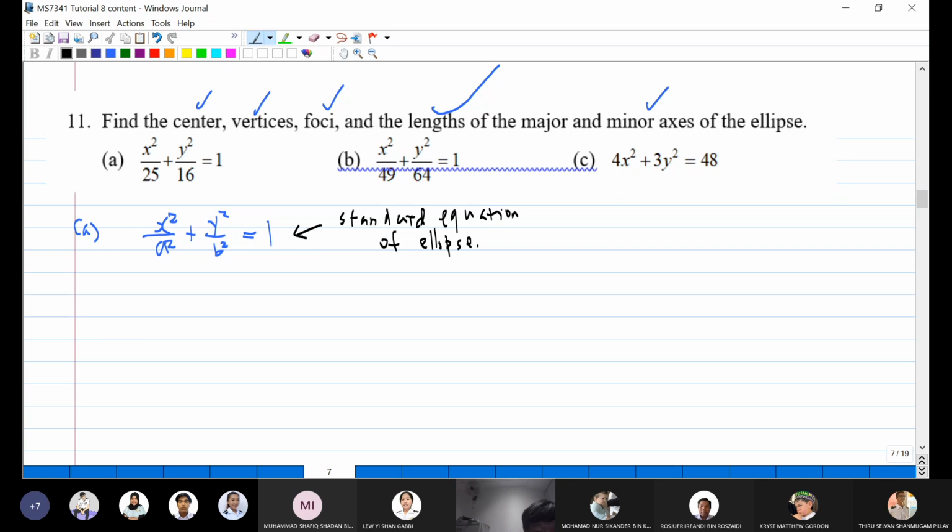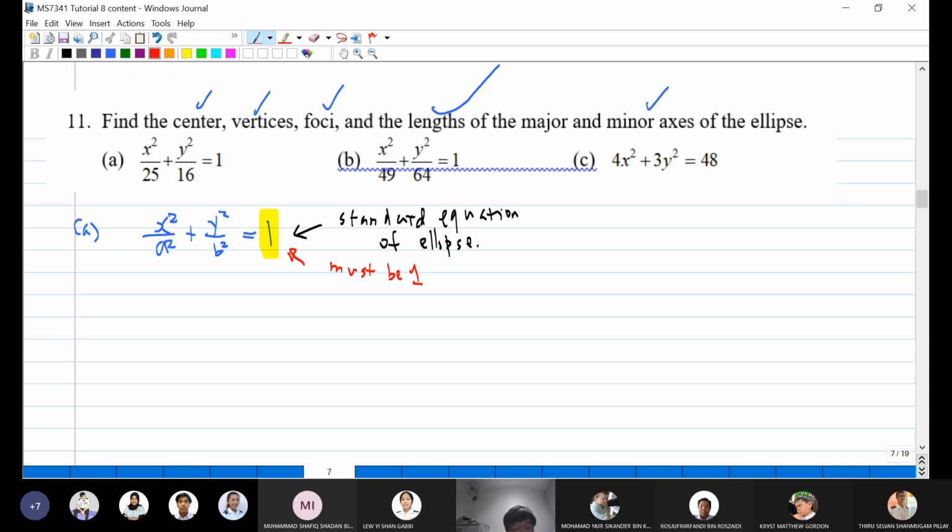What is special about this is this number must be 1. So if this is not 1, you try to convert it so that you get 1. Am I right?